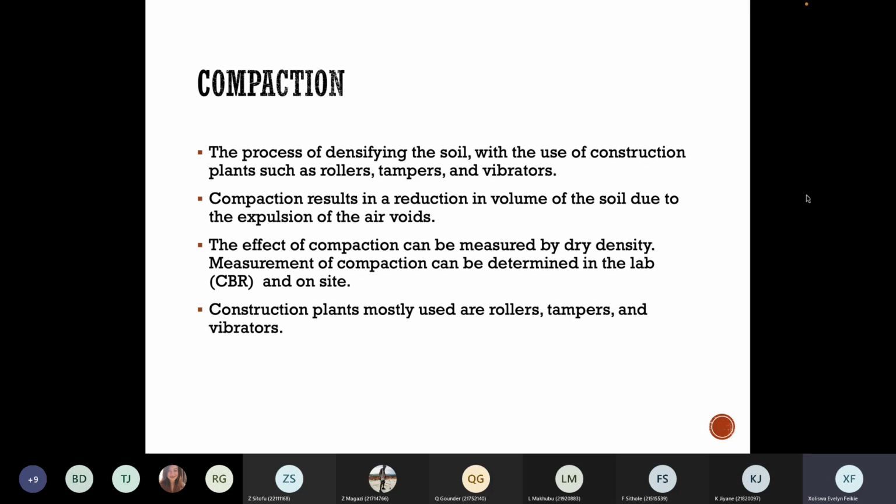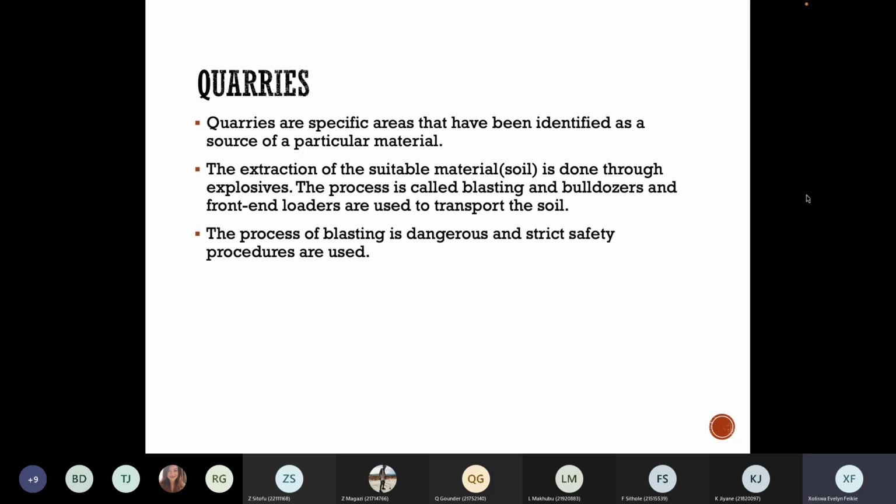So they say that construction plants mostly use rollers, tampers, and vibrators. We already said that. The other part that we need to deal with is quarries. What are quarries? Quarries are specific places, right?